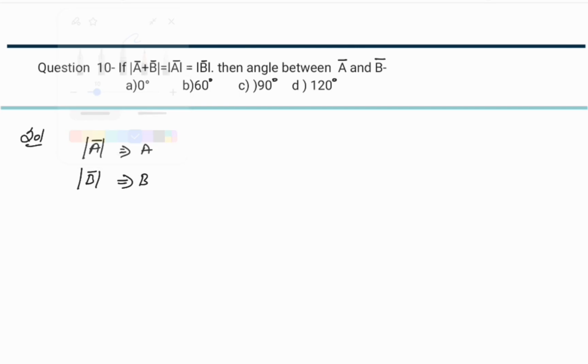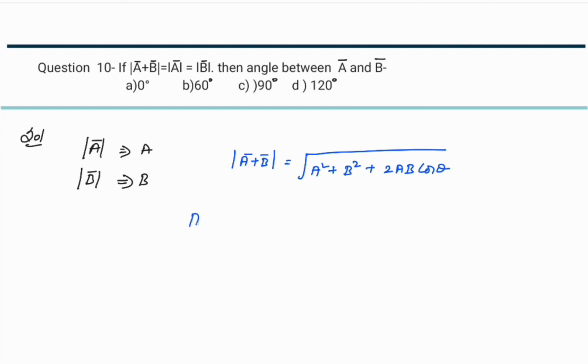Okay. We know the resultant magnitude of two vectors will be given as under root of A square plus B square plus 2AB cos theta. From the given question you can see the magnitude of A dot B is equal to the magnitude of vector A, which is equal to the magnitude of vector B. Let us consider this value is some x.